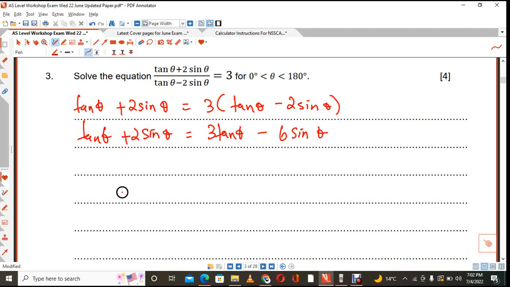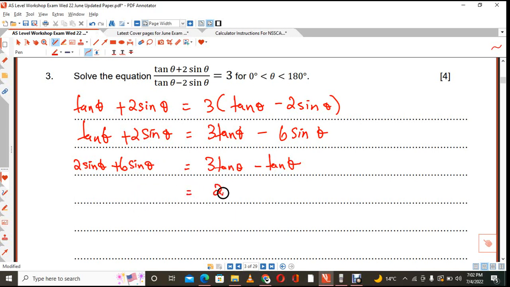Now let's collect the like terms. I don't want to work with negatives, so I'm going to say this is 3 tan theta minus tan theta, and this is 2 sin theta plus 6 sin theta.